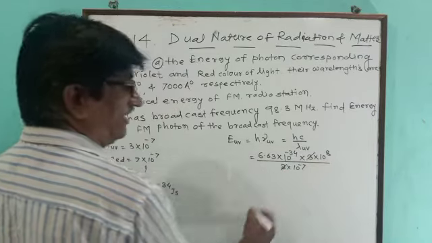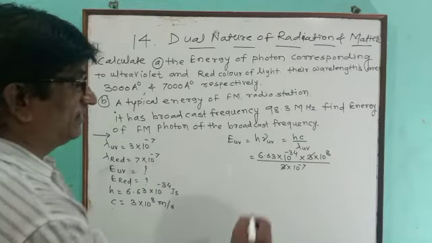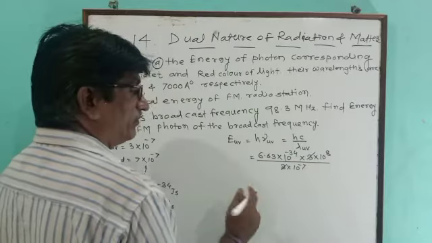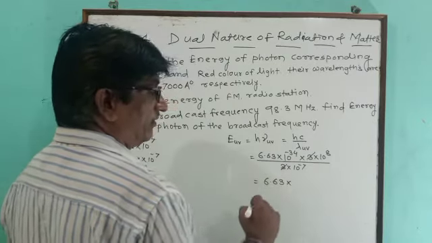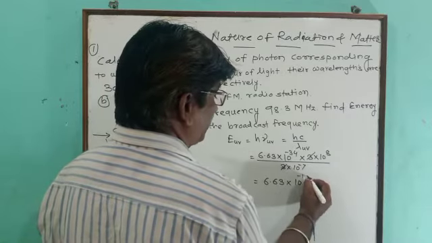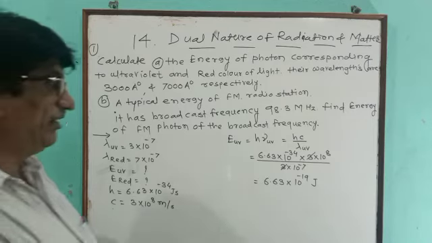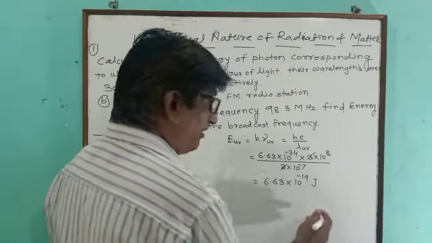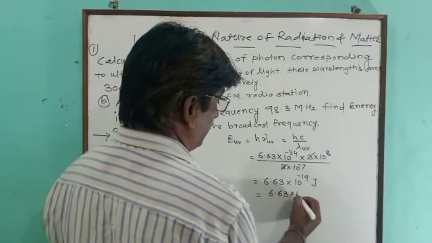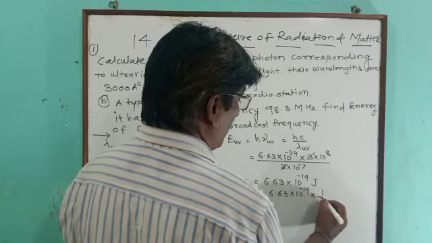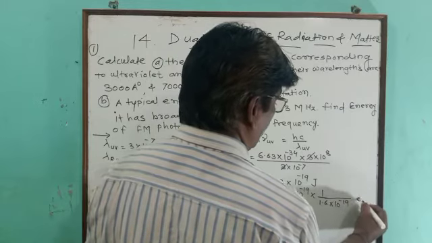The 3 gets cancelled. The 7 in the numerator becomes plus 7, that is 15, and from minus 34 when we subtract 15, it gives minus 19 joule, that is 6.63 into 10 raised to minus 19 joule. If we convert joule into electron volt, it is 6.63 into 10 raised to minus 19 into 1 upon 1.6 into 10 raised to minus 19 electron volt.